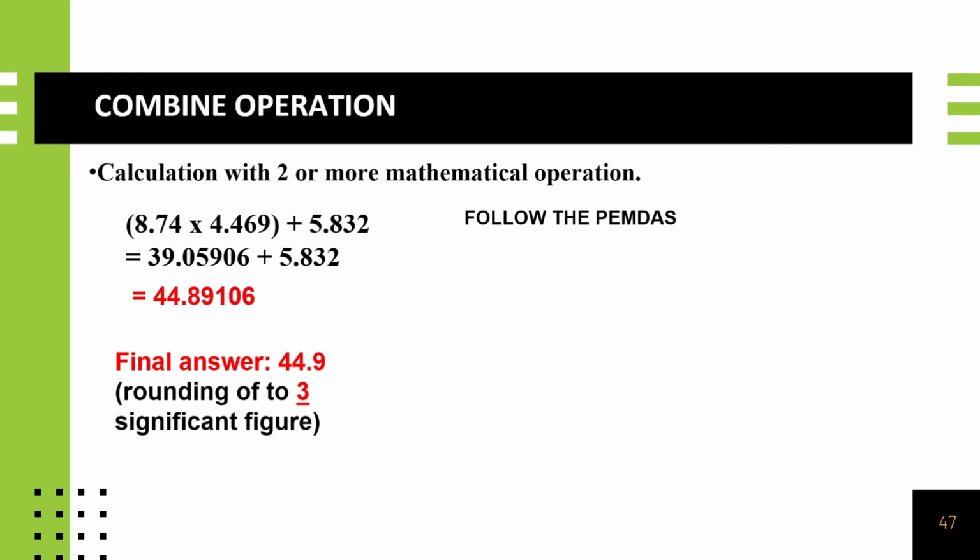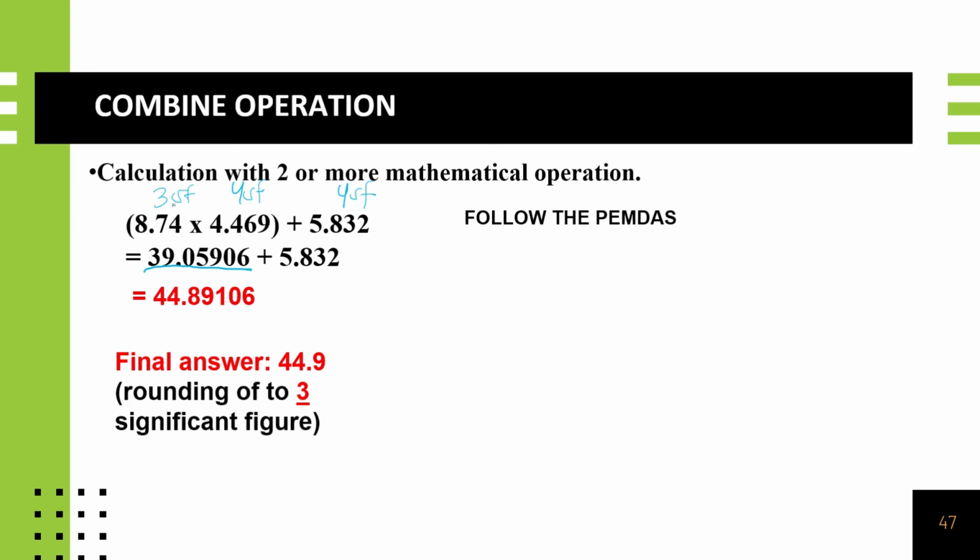So, we have 8.74 times 4.469. So, here, we trace the significant figures. This is 3 significant figures and this is 4 significant figures. This is another 4 significant figures. Okay, so again, wag muna isusulat yung tamang answer, yung significant figure. Normal way lang tayo in calculation. Plus 582, that includes 44.89106.